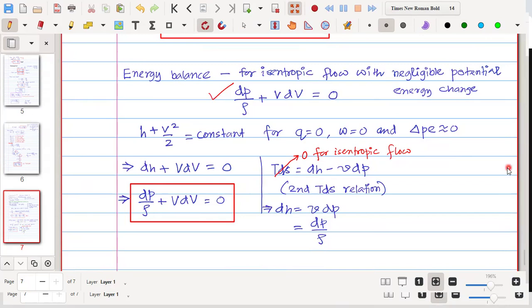Now this, you can see that this is kind of the Bernoulli equation, the differential form of the Bernoulli equation. Okay. Only thing is that potential energy change is considered negligible. The potential energy is 0 here. The change in potential energy is 0. So that term is dropped. Otherwise, it is the Bernoulli equation.